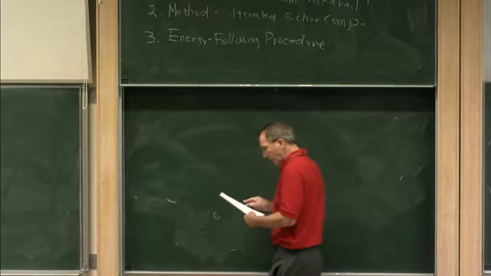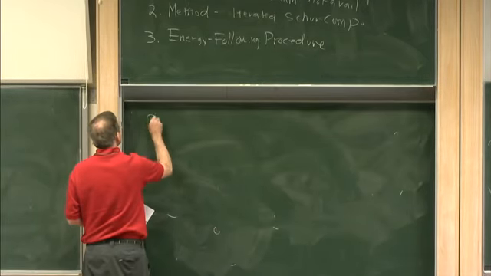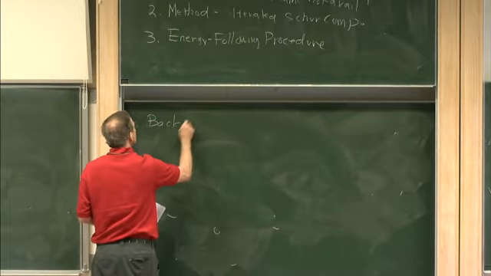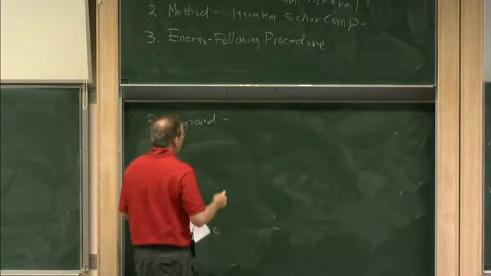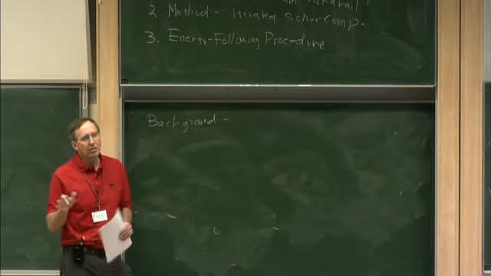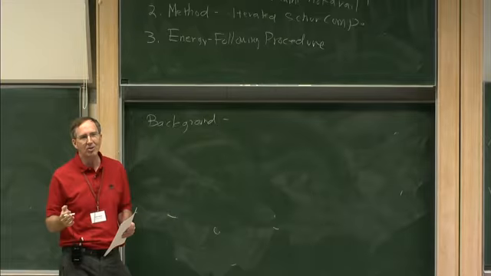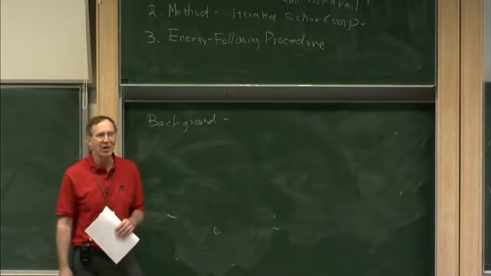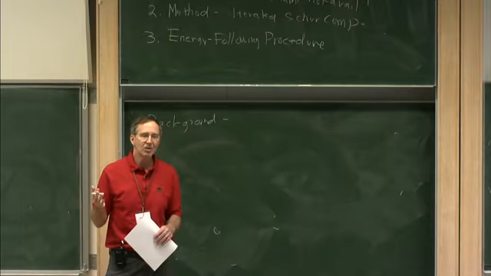Okay, so let me just talk a little bit about some background of this problem. One thing is, you may be wondering, why is it that we are all of a sudden having all these new approaches to localization, which of course is a well-established field of something like 30 years?